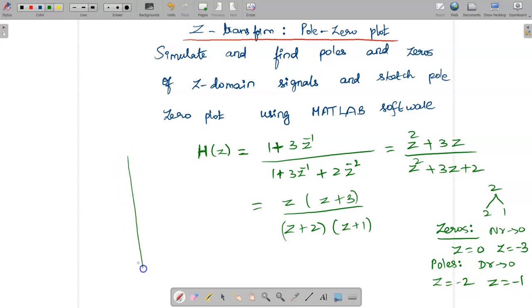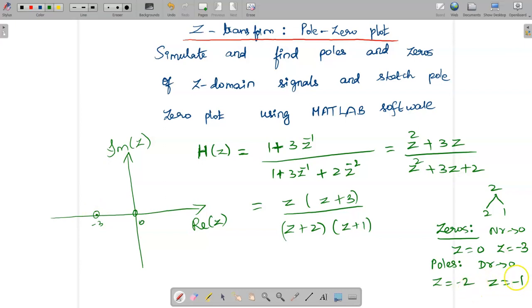Generally in the manual calculation we will plot like this. This is the real part of z on the X axis, and the imaginary part of z on the y axis. For the zeros, we make a circle: at 0 we put a circle, and at minus 3 we put one circle.